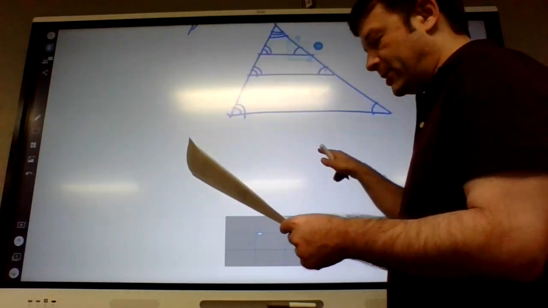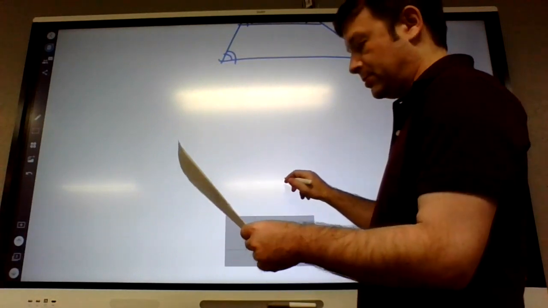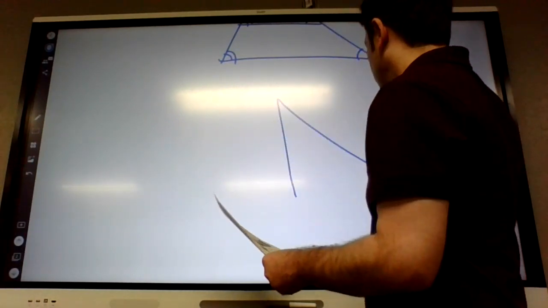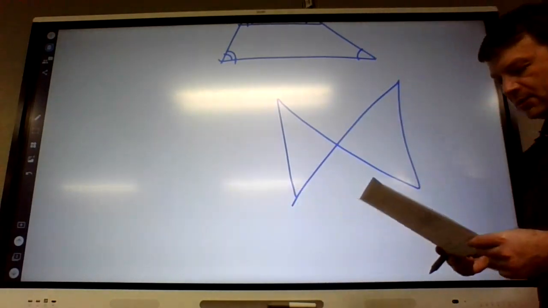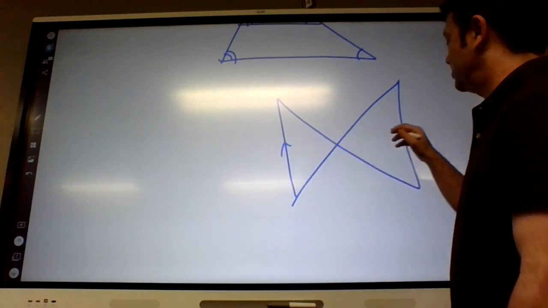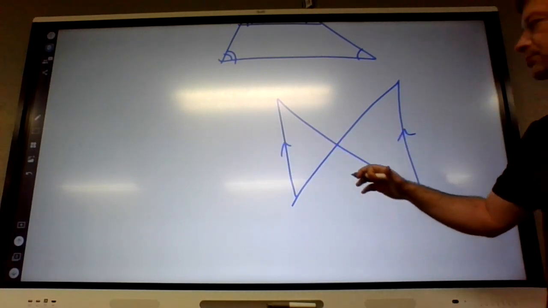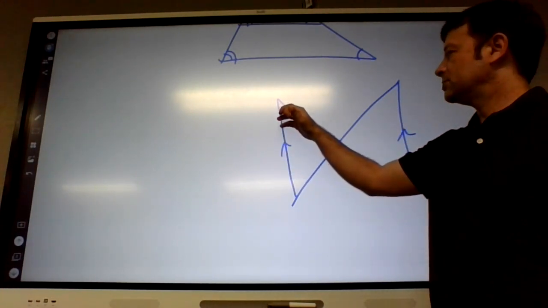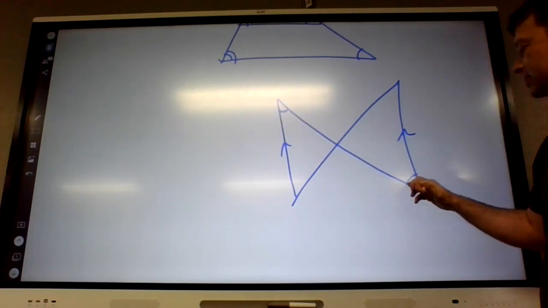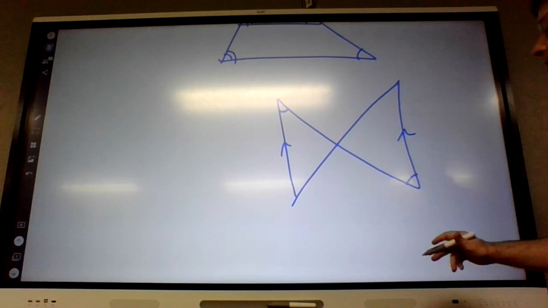Okay, and then on the bottom bow tie, they give that LQ and NP are parallel. Well, if these lines are parallel, what do we know? Okay, this angle has to be the same as this angle. They're called alternate interior angles.